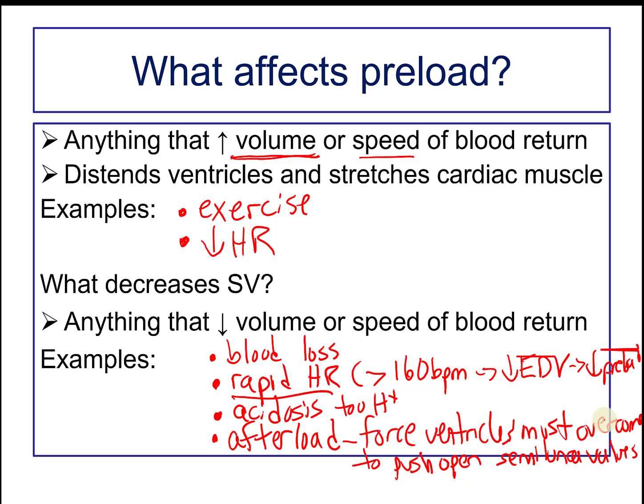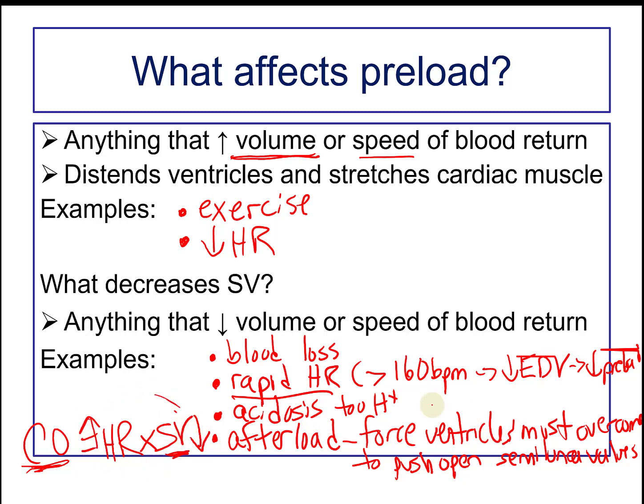Now, of course, if this is the situation for this particular patient, remember cardiac output equals heart rate times stroke volume. If your stroke volume drops, your body is going to try to maintain homeostasis. It wants to make sure the cardiac output is still sufficient. So if this goes down, the only way to keep this the same is to increase your heart rate. And this is something that happens in people who are alcoholics.